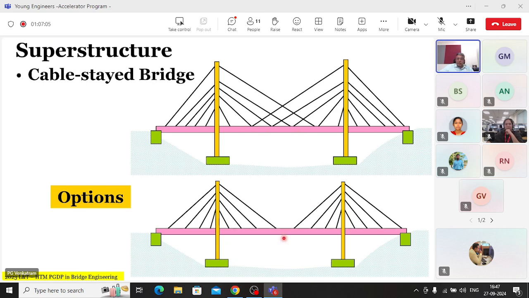So if I were to ask you, what about this bridge versus this bridge? Let us say they are the same span. I have adjusted the pylon height to get this arrangement in one place, and I have adjusted the pylon height to get this arrangement. Tell me, between these two, this deck versus this deck, which is stiffer? Option 2.